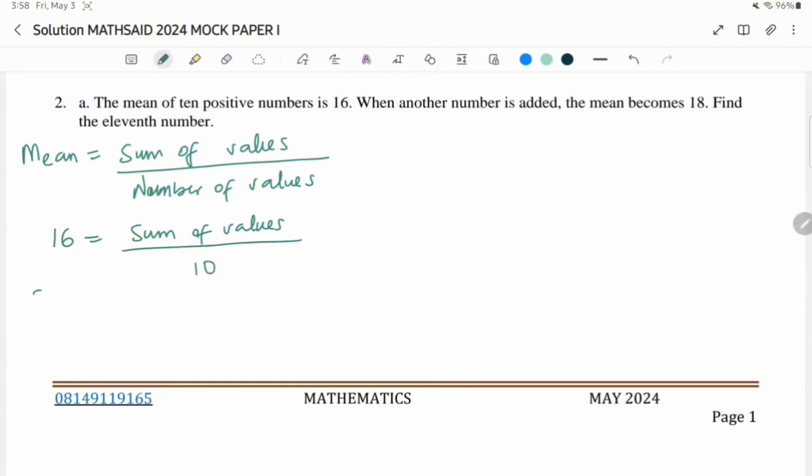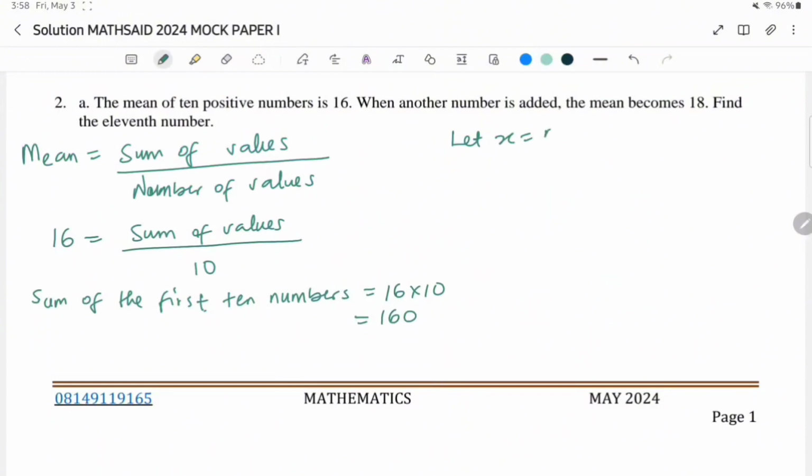So that means the sum of values, the first 10 numbers, is 16 multiplied by 10, and that's 160. Now that we know the sum of the first 10 numbers, another number is added. So let x be the new number added.